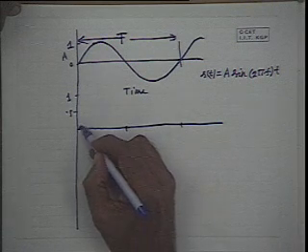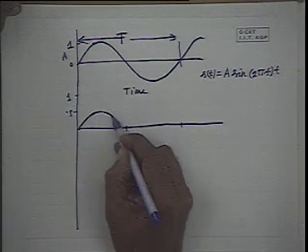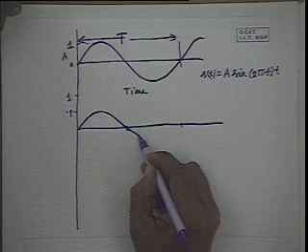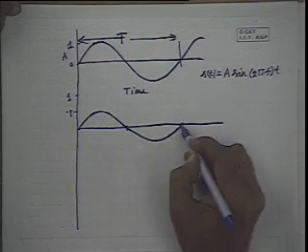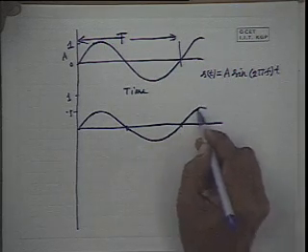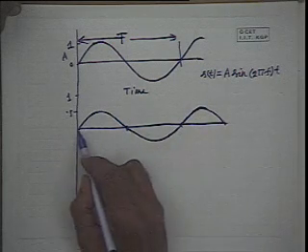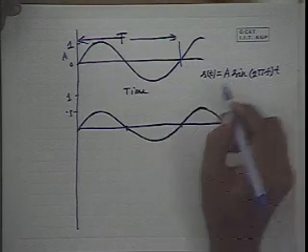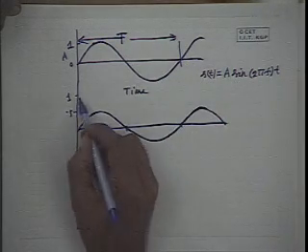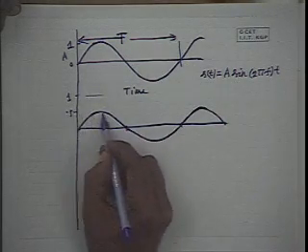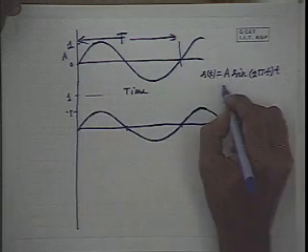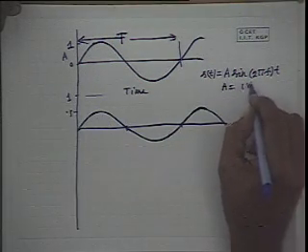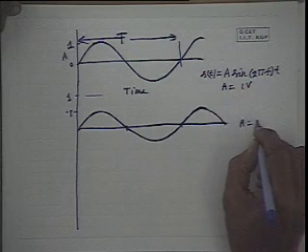So here the amplitude maximum voltage is 0.5 volt and frequency is same. In this case time period and frequency is same. Phase is also same as the original signal, but the amplitude is no longer 1 volt, it is 0.5 volt. So in this case A is equal to 1 volt, in this case A is equal to 0.5 volt.